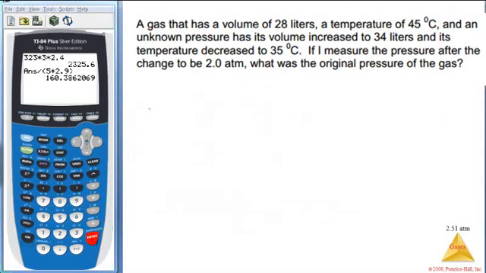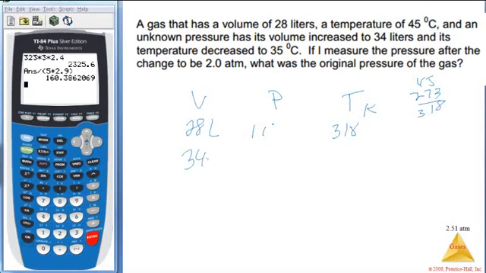Alright, a gas has a volume of 28 liters, so I have volume, pressure, temperature. It starts with 28 liters. Temperature 45, so it's 45 plus 273, that's 318 K. It has its volume increased to 34 liters.